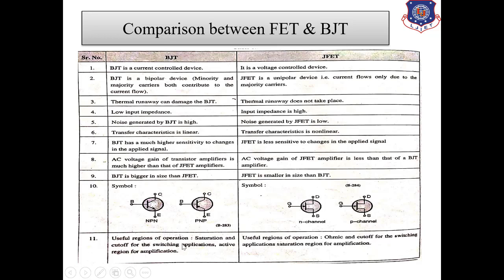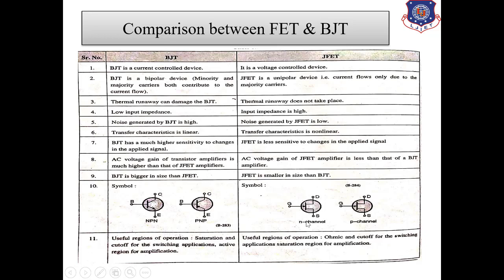The useful regions of operation in BJT, which we have studied in detail, are saturation, cutoff and the active region for amplification, and switching applications. There are two main applications, one is switch and another is amplifier, which we already studied in the previous lecture. The output characteristics have the regions of operation saturation, active and cutoff.